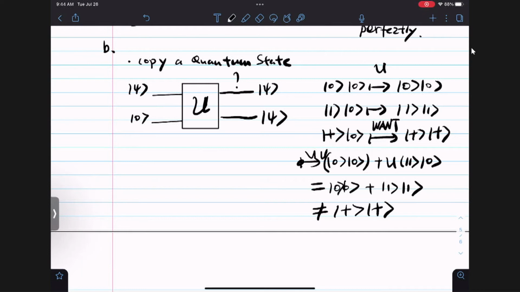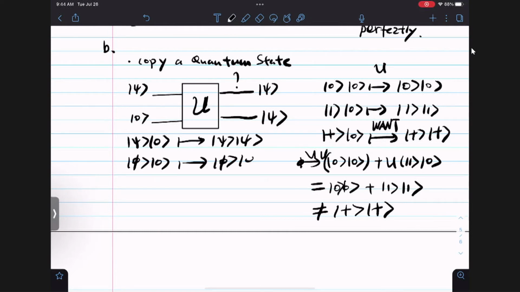And in general, if we consider 2 arbitrary input states that we want to copy, suppose it does it correctly: we produce 2 copies of psi, and for another state, we get 2 copies of phi. Now since, again, a unitary operator preserves length, if you take the inner product for the left-hand side and the right-hand side, they have to be the same.